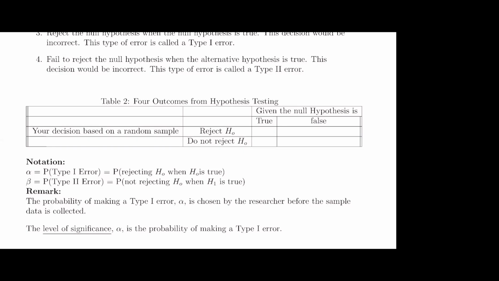So we're going to go over two different types of error. One of them is called a type 1 error, and the symbol for a type 1 error is alpha. There's also a type 2 error, and the symbol for a type 2 error is beta. So just remember, anytime we're talking about error, you could either come up with a type 1 error, which is alpha, or a type 2 error, which is beta.